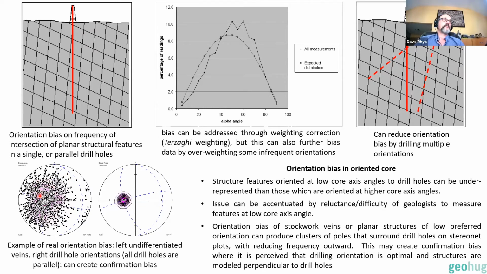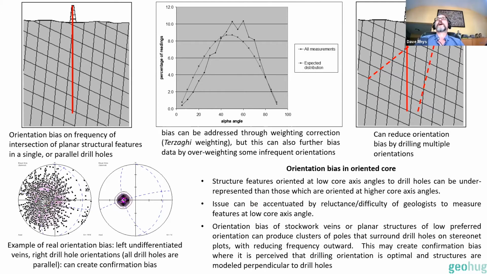And what you're getting is a cluster around the drill hole. Now, the problem with this is people will often look at that stereonet and say, look, that structural features are really clustering well. That must be the real orientation. Well, what you're doing is creating a confirmation bias, where you're thinking now that that really is the orientation of the features in the drill hole, when it isn't.